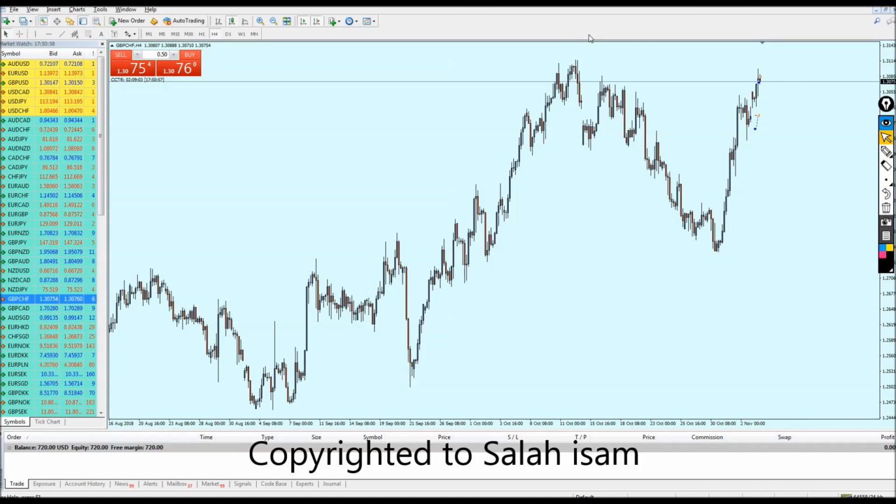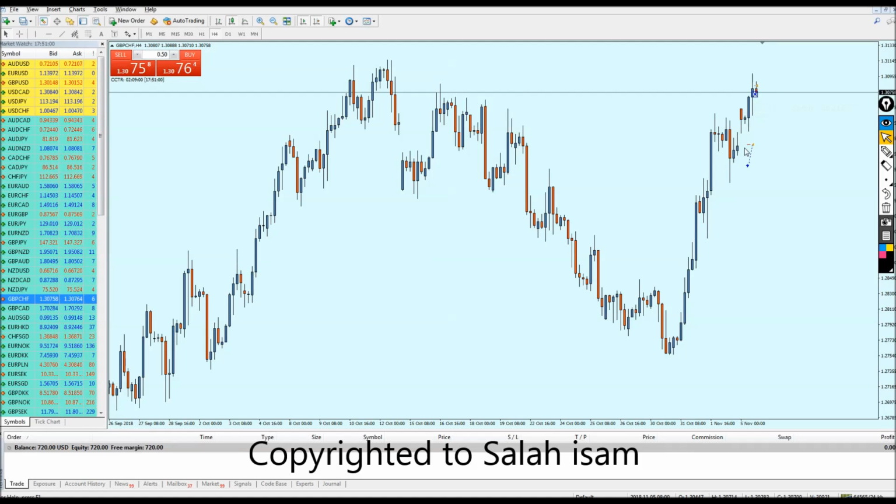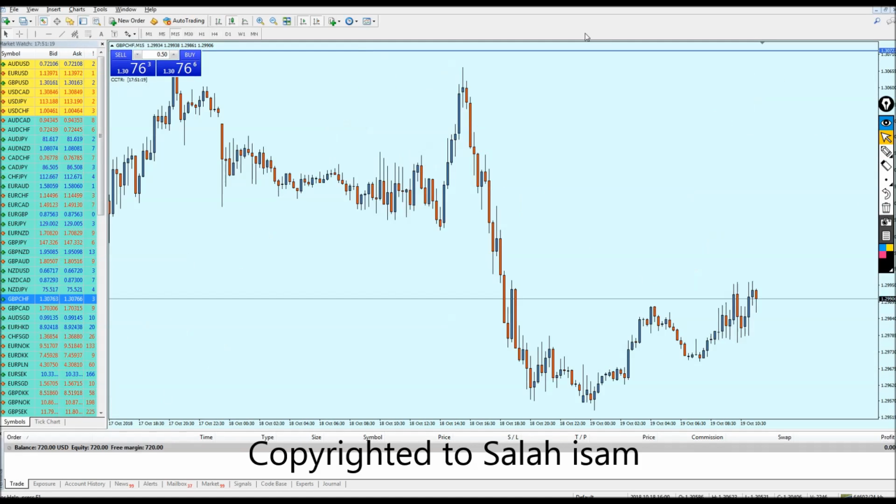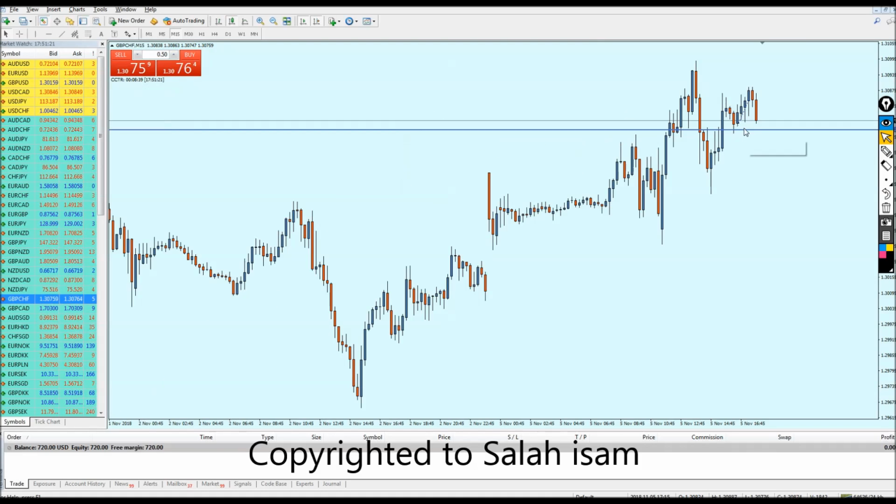Look at this, guys. Now we are on the 4-hour time frame and we are on the second attempt. I believe this was a late entry. Remember, this is the first attempt of the resistance and this is the second attempt. So jumping to the 15-minute time frame, I can tell that I was late on my entry.